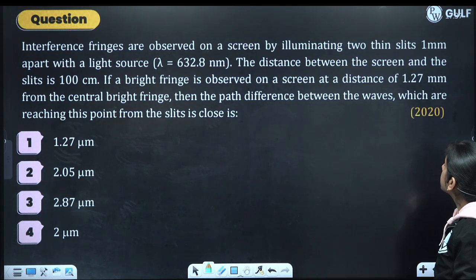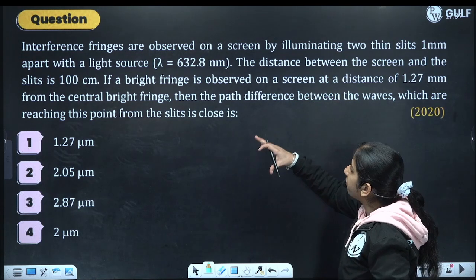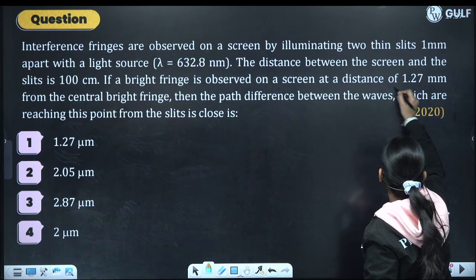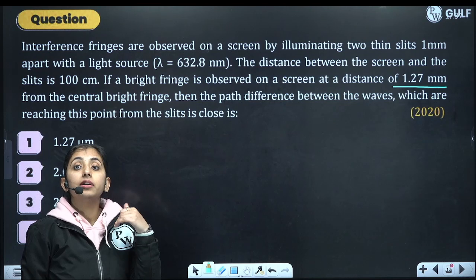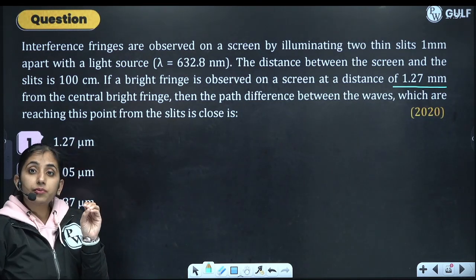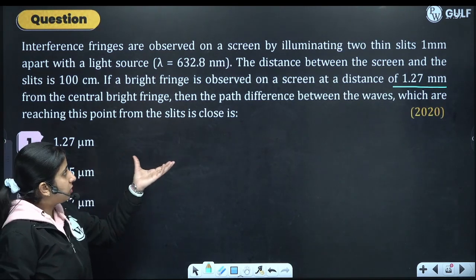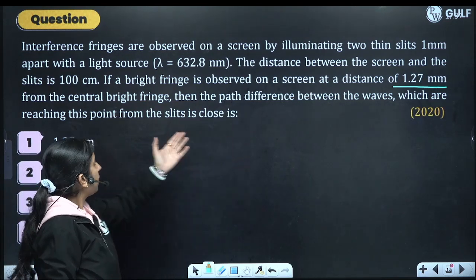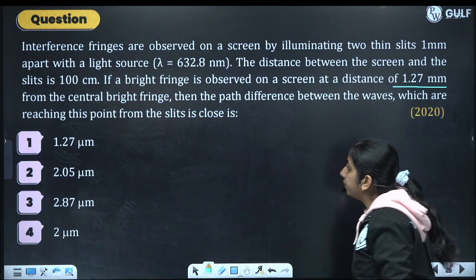The distance between the screen and the slits is 100 centimeters, and this is D. A bright fringe is observed at a distance of 1.27 millimeter from the central bright fringe. They haven't told us whether it is the first, second, or third bright fringe. Then the path difference between the waves reaching this point from the slits is close to what? We have to find the path difference.